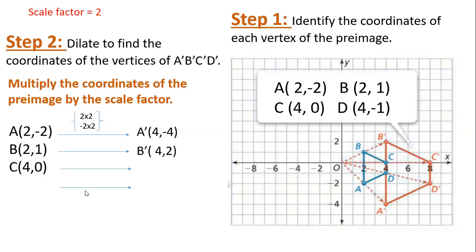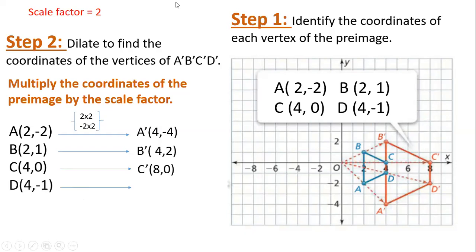C prime is going to be what? 8 and 0. Very good. So we just multiply 4 times 2 equals 8, and 0 times 2 equals 0. So this is the coordinate of C prime.